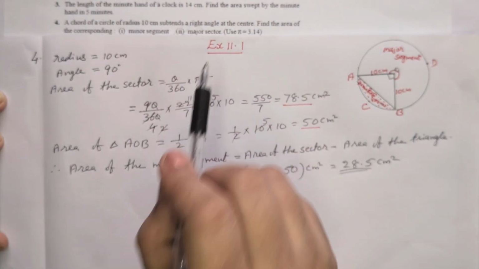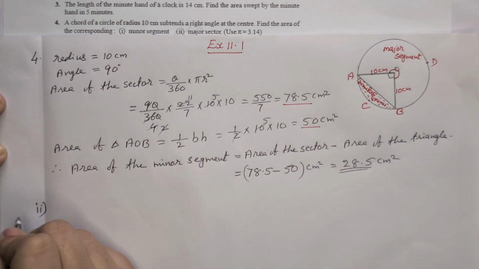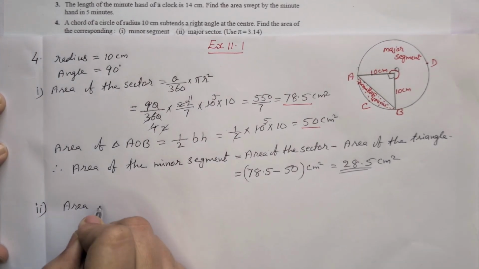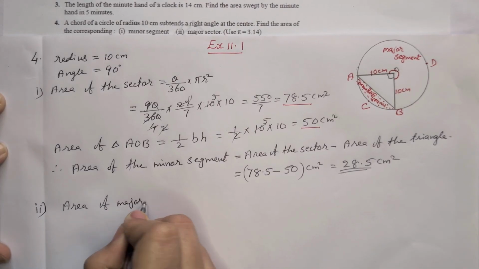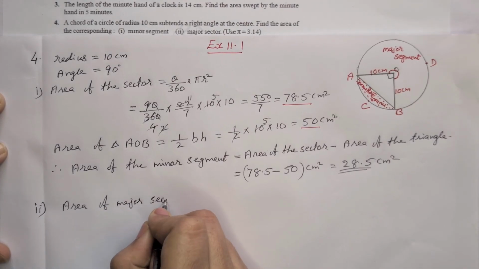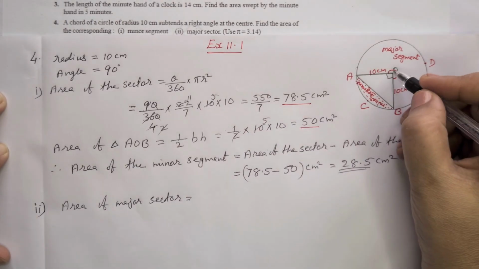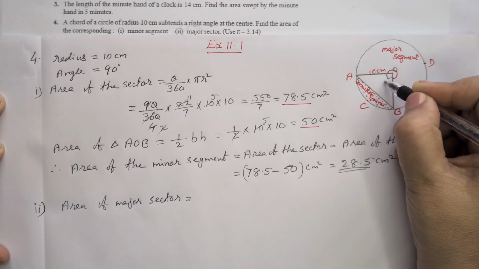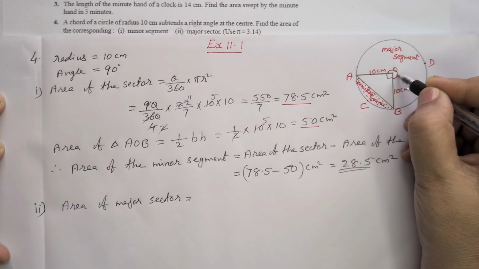Second part, we had to find the area of the major sector. Area of the major sector is equal to, we can find by using the remaining angle, that is 360 minus 90, which is 270.